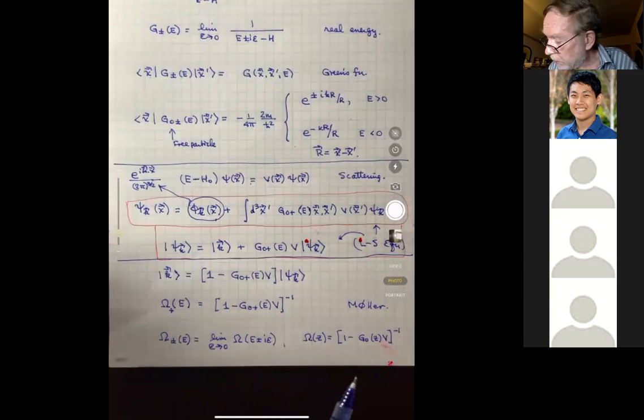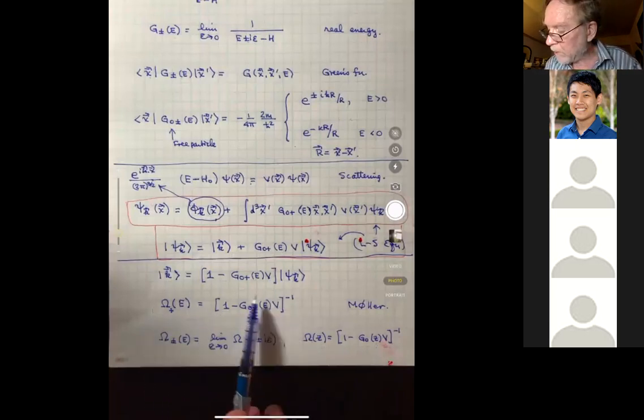And if we do this, this leads us to define a version of the Moller operator that depends on a complexified energy, which is 1 minus G0 of the complex energy Z times V, inverse. And then you can define omega plus or minus as the limit as epsilon goes to 0 of E plus or minus i epsilon. So that's the meaning of the omega plus here. It's the limit of this omega of Z coming in from the upper half of the complex plane.